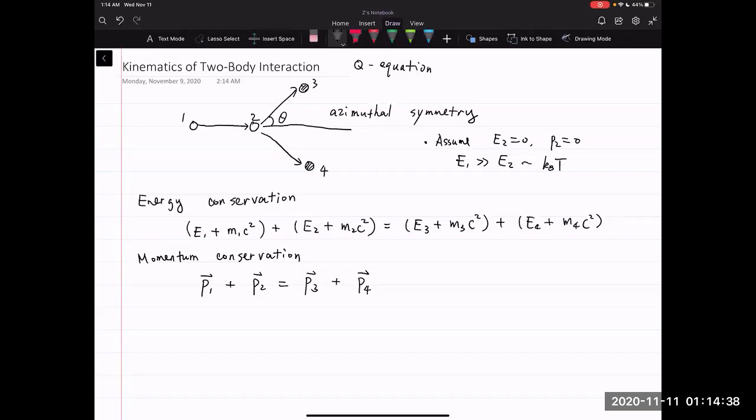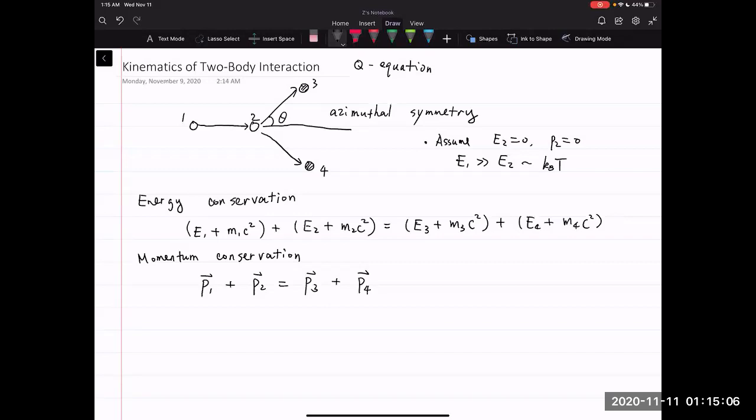The slowing down process is done through this elastic scattering process, sending neutrons through, for example, water at room temperature. Through multiple elastic scatterings, the neutrons are going to slow down to room temperature. Initially E1 is much larger than kBT, so we can assume these water molecules are essentially at rest.